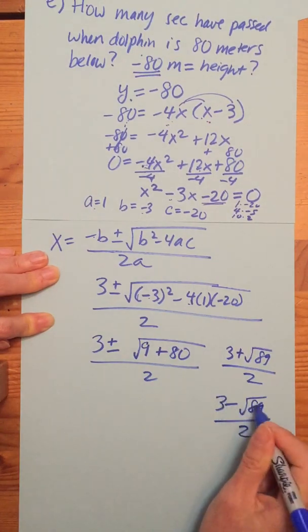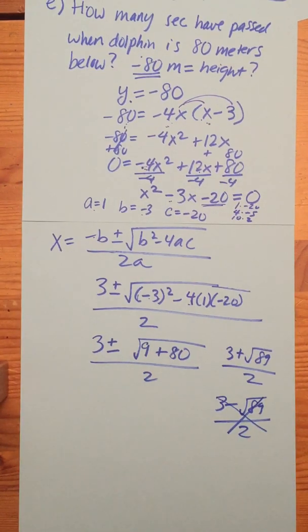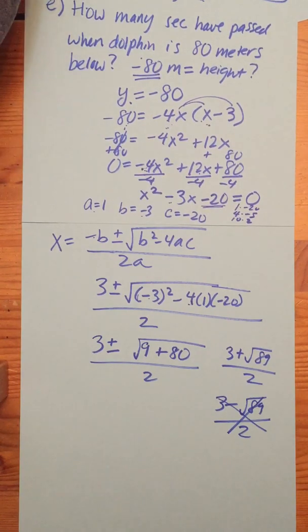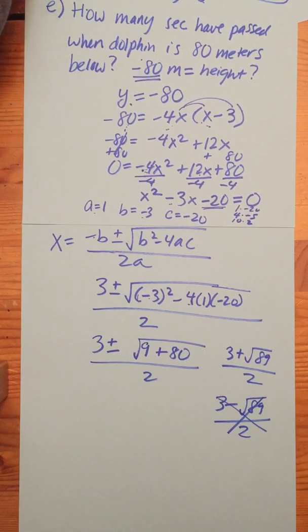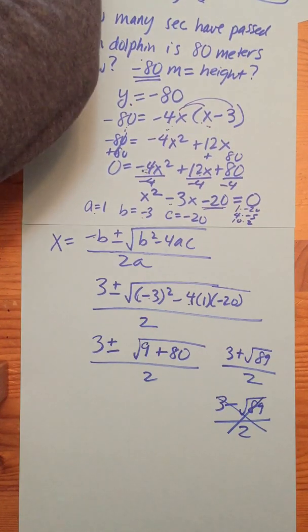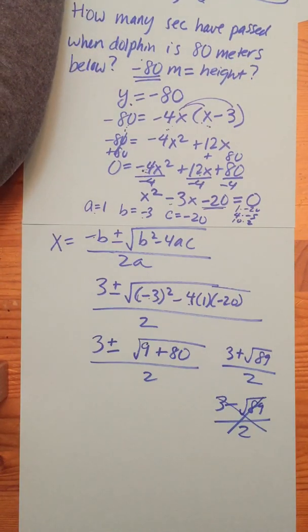And I'm going to cross this off because that's going to be a negative answer, and we can't have a negative amount of time. This I'm just going to do on a calculator. So let's go ahead and put that in. Divide by 2.